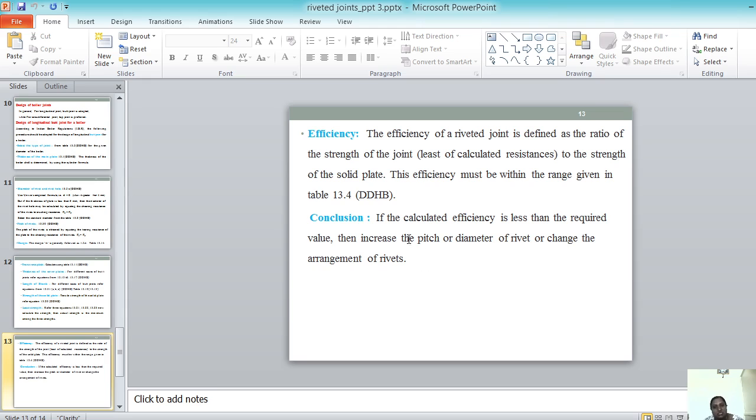To improve our design, increase the pitch or the diameter of the rivet, or we can go with a change of the arrangement of rivets. I have given you different types of riveting. So the arrangement also needs to be changed if you want to improve the efficiency to the required level. Thus this is the actual procedure to design the longitudinal joints.